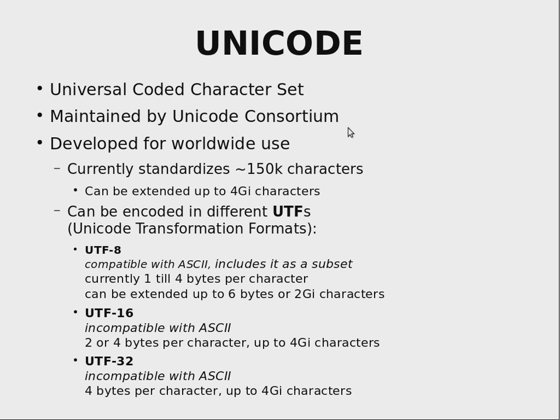And what is also important is that the encoding of how these currently standardized 150,000 characters are organized can be done in different ways. And here the standard called UTF comes in. So when we talk about these different kinds of characters, we talk about the Unicode standard.